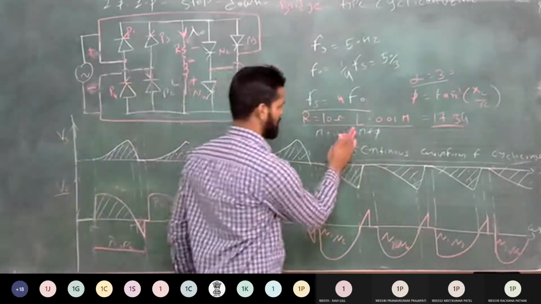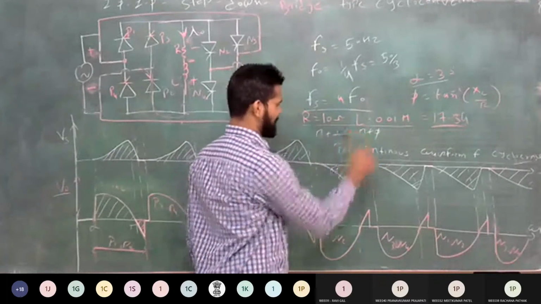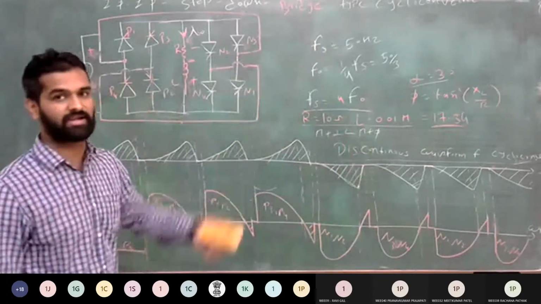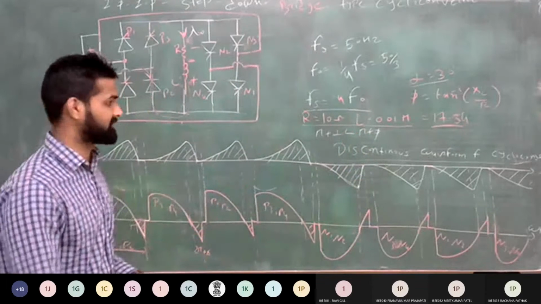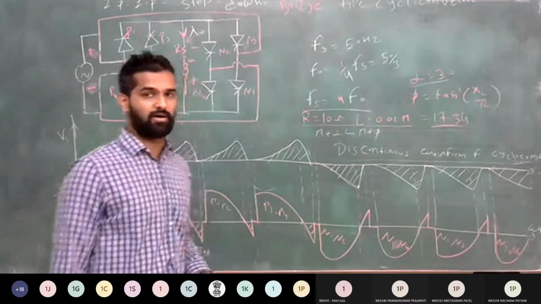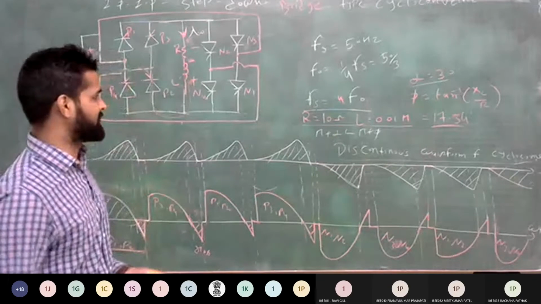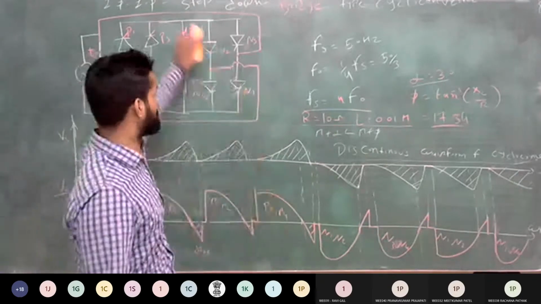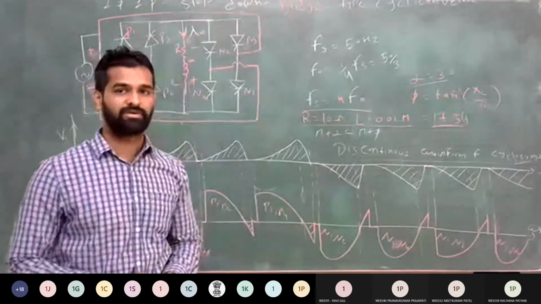If it is opposite, then you get the continuous waveform of load current. That we will check in the next lecture. That is called the continuous type of step down cycloconverter.